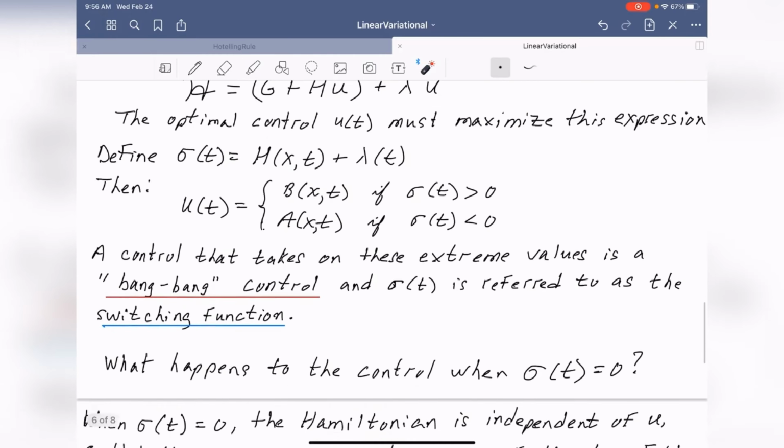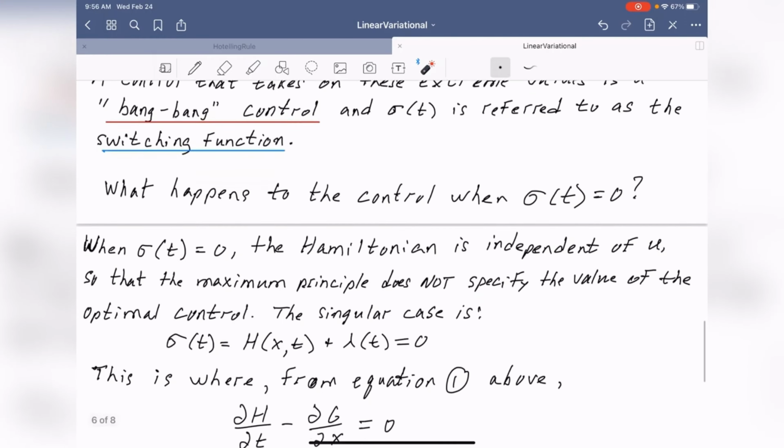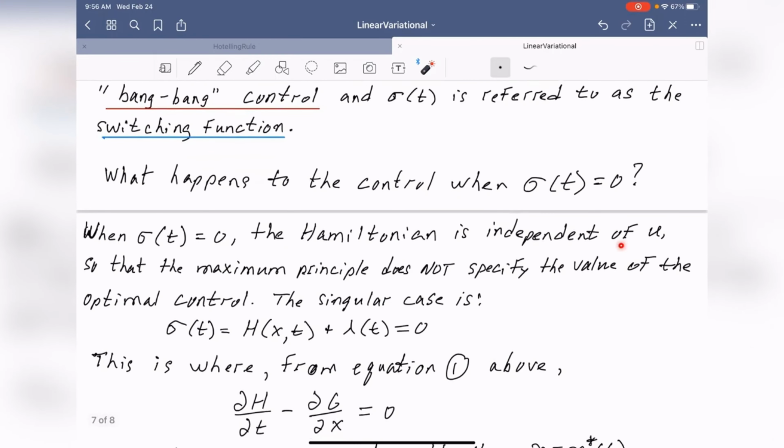Now what happens to the control when sigma t equals 0? So when sigma t equals 0, the Hamiltonian is independent of u, so that the maximum principle does not specify the value of the optimal control. So the singular case is this: sigma t equals h x t plus lambda t equals 0.